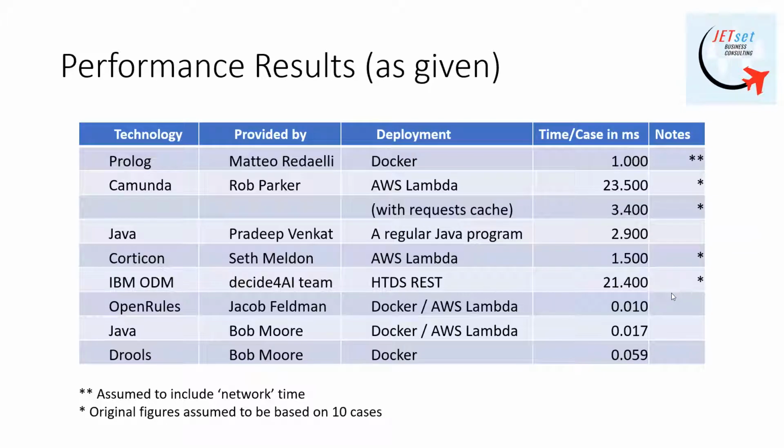So the next slide shows essentially what the performance results as they were given on the website. I've made some subtle adjustments to these to get them a little bit more like for like, but there are still some issues with that. So if we start off with the first line, the Prolog solution that was provided by Matteo, the time which he gives, which is 1 millisecond, is actually the time per case, but it includes the network time.